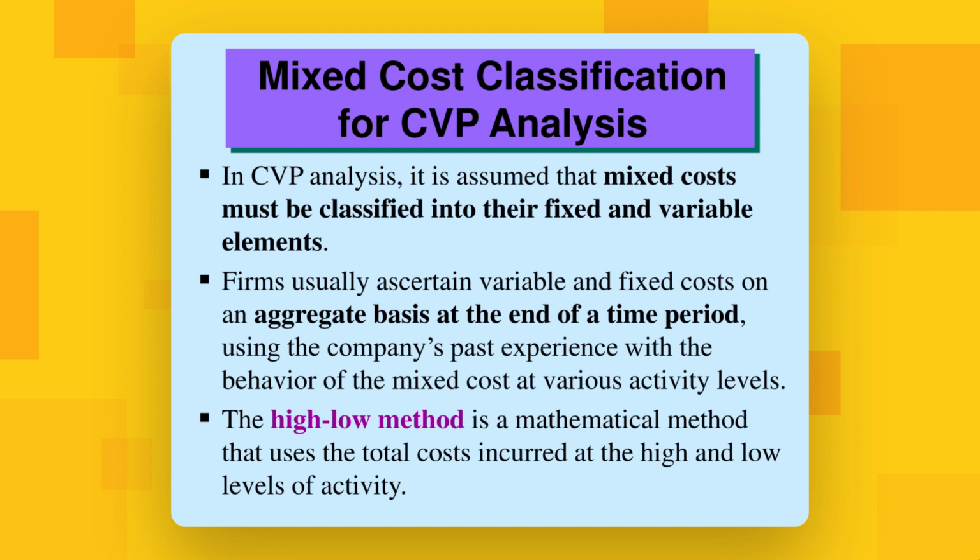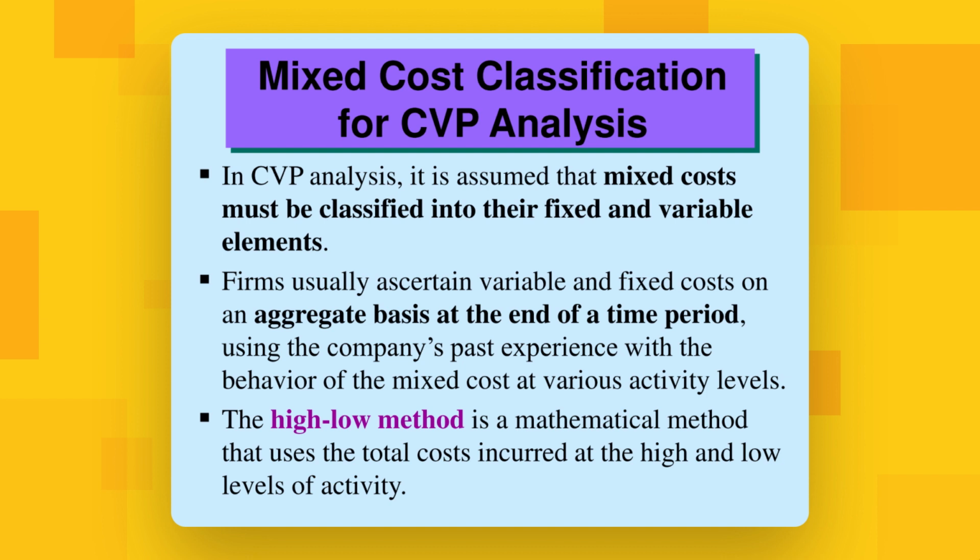Again, it must be classified as fixed and your variable cost. Alright. Firms usually ascertain your variable and fixed on an aggregate basis or at the end of your time period, using the company's past experience with the behavior of the mixed cost in terms of your activity level.